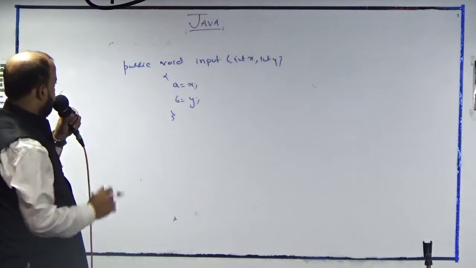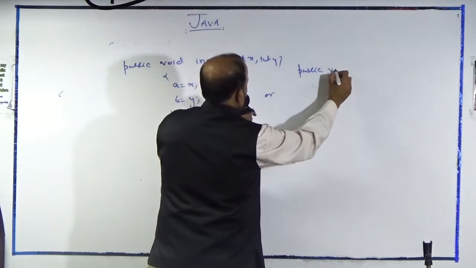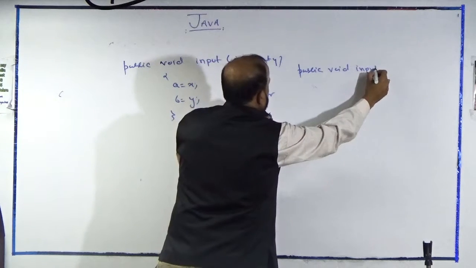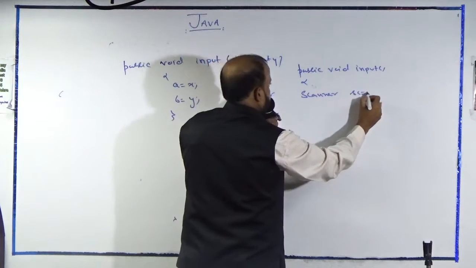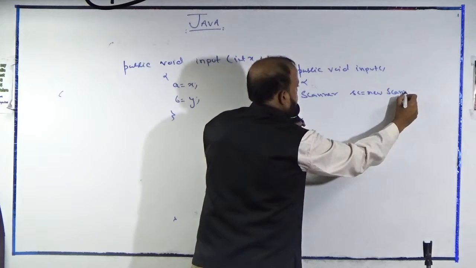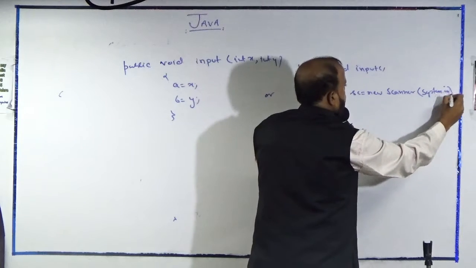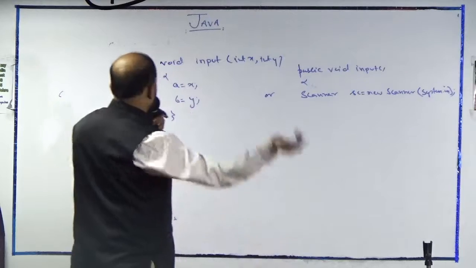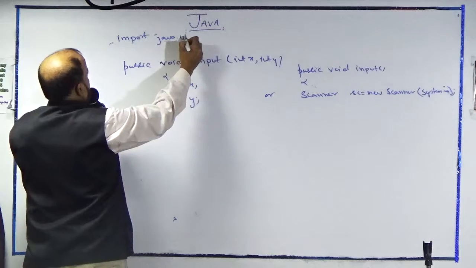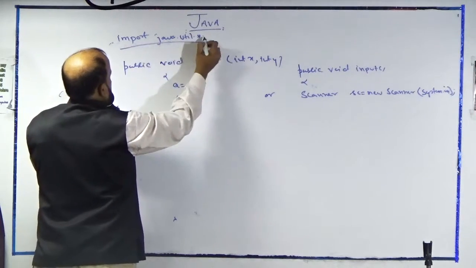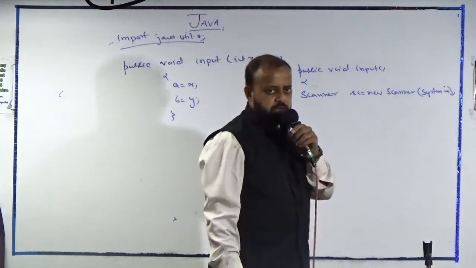Either you do it by this method or you can use scanner. If you use scanner, before the class you have to use import java.util.*. It is a package which we use whenever you use classes like scanner.